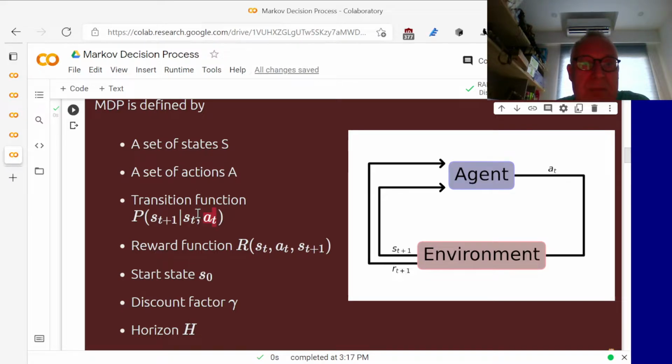So it only depends on the previous state. Right? Similarly, for the reward function, it only depends on the previous state and then the action that we execute and the state that we end up with for the reward. But here, previously, it's only one state.